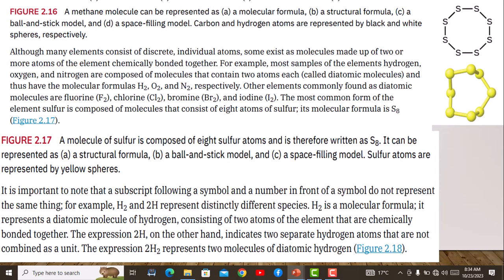You just have two separate hydrogen atoms that are not combined as a unit. This is worthy of noting, the differences between the two. With 2H2, you have two diatomic molecules of hydrogen bonded together in fixed ratios. And how many of them do you have? Two. Hence the expression 2H2 represents two molecules of diatomic hydrogen.